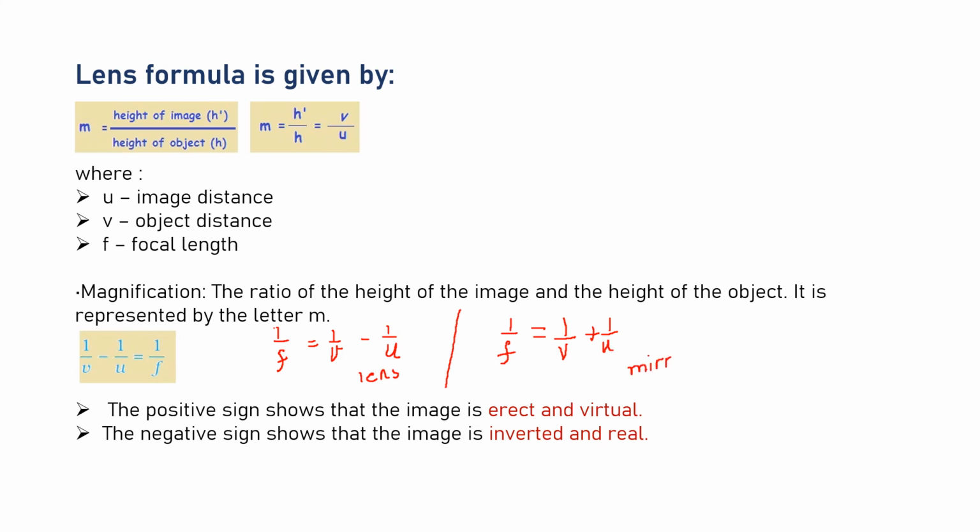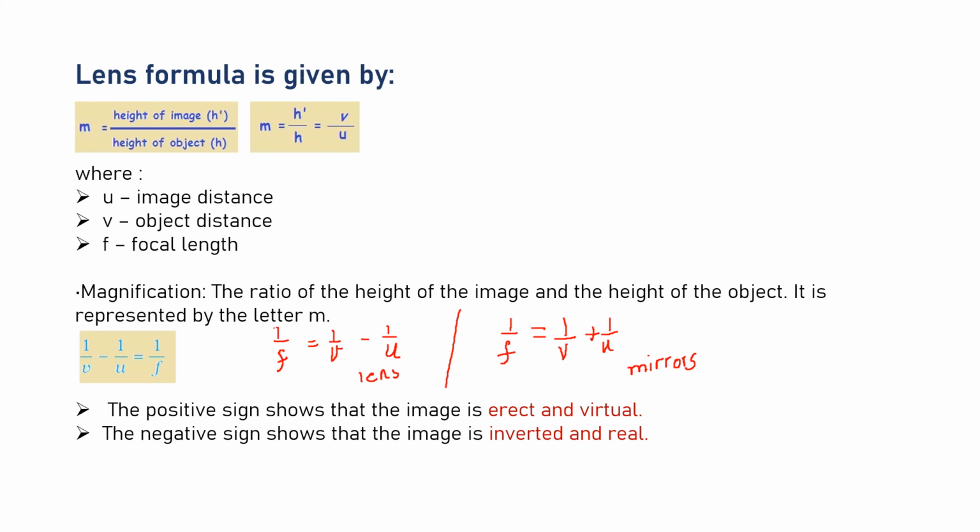Mirrors, fine. So when you are writing notes, please write both the formulas together, so that it can be easily understood, or else you can just remember the image formula of mirror and the magnification formula of mirror, and just opposite of that formula is the formula of lenses. Okay, so this is what you have to know.